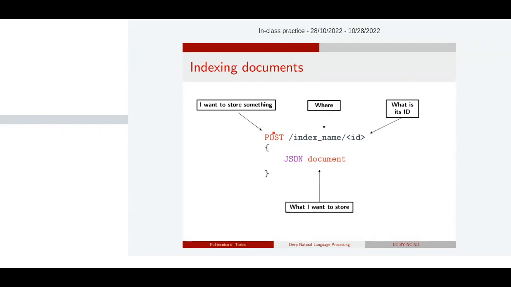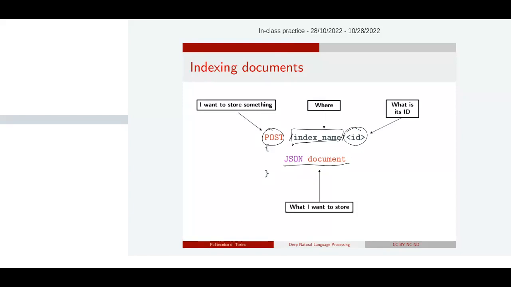The idea is that I can run different kinds of requests. So this is a POST request. I want to store something, so I use POST with the name of the index I'm creating, and I can use an ID to store my document. I can define an ID that is unique inside the index for my document.